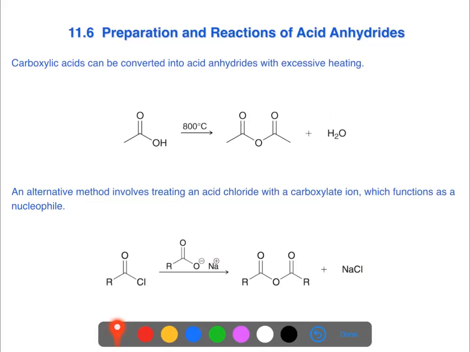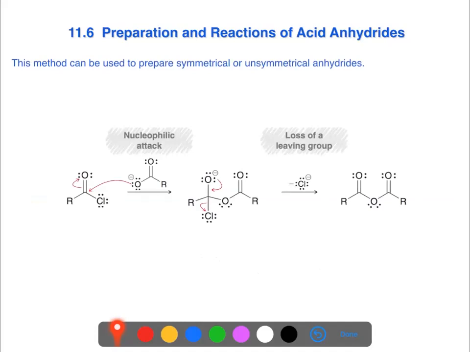Now, another method to prepare an acid anhydride is to start with the acid chloride and to react it with a carboxylate ion. And that produces the anhydride and some salt. So as we saw previously, this reaction proceeds by nucleophilic acyl substitution, where now the nucleophile is the carboxylate ion.